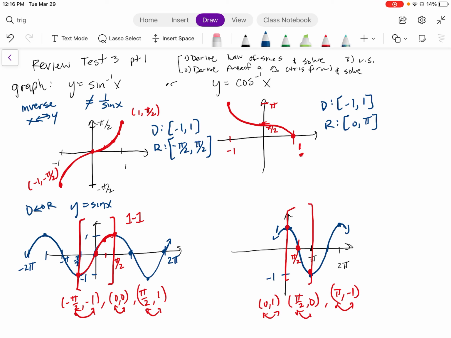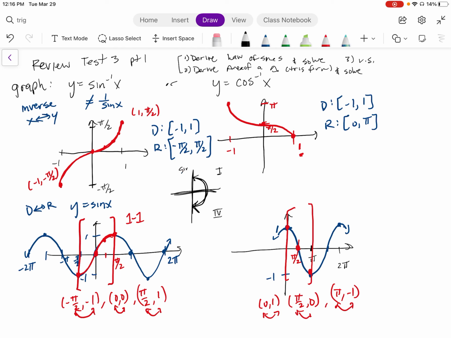A quick picture to help remember this, like when you're doing inverse trig and you need to think, is it in the domain or not? We usually think of sine and tangent. When you're looking at the unit circle, your values will come here. You need to go negative pi over 2, so quadrant 4, and up to pi over 2, quadrant 1.